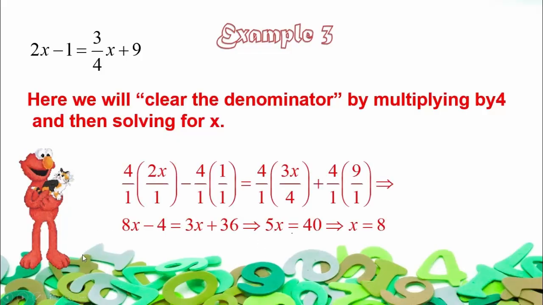So I set it up so that 4 over 1 is in a form that will clear the denominator, and then I turned it into a regular algebraic equation, and I solved for x and found that x was equal to 8.